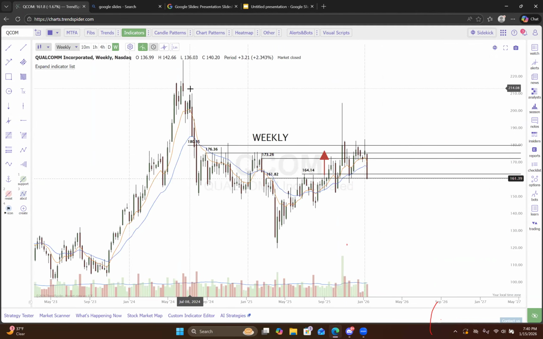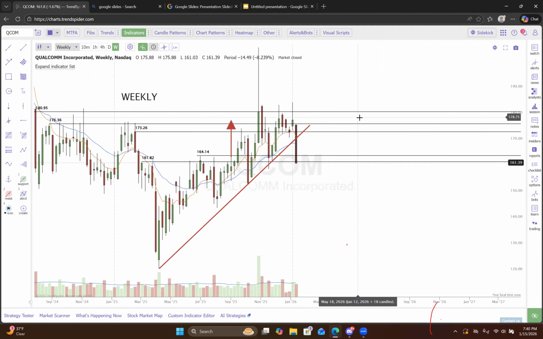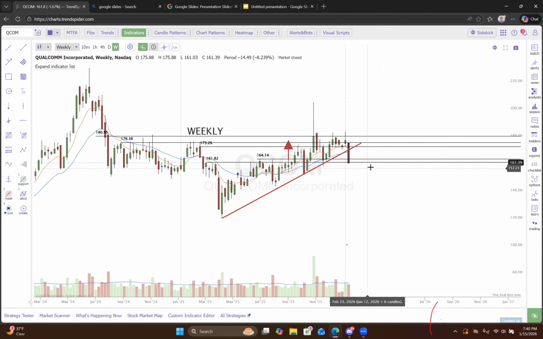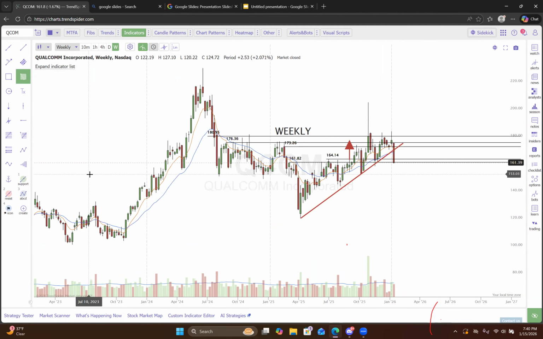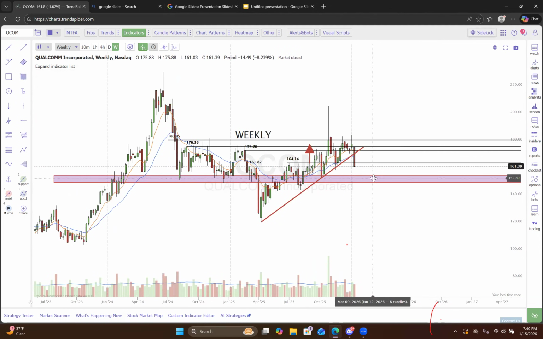What do I think about it? Ooh, it's not looking great, it's really not looking good at all here. It needs to hold here. If we hold, I would say we can get down into about 155, 150 here.